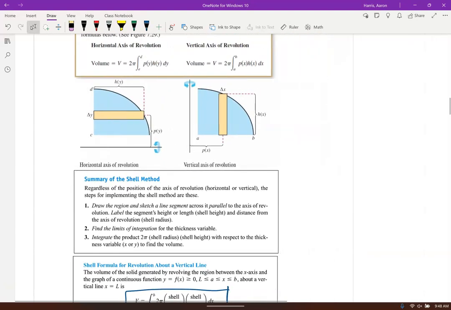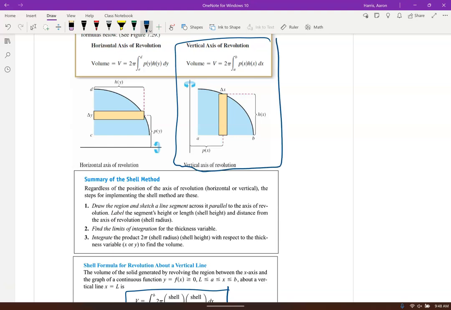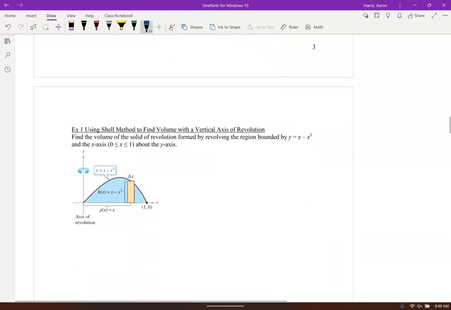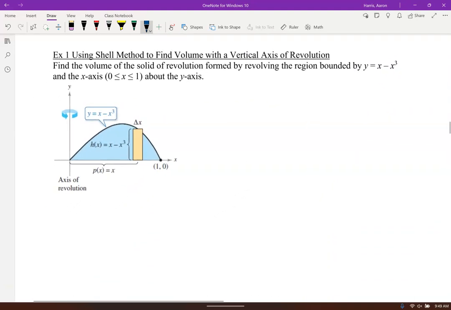All right, so here's the formula that we'll use. We'll do it first with respect to x, so we'll revolve it around a vertical line initially. I'll give you some pictures here. So we'll do this one first, the vertical axis of revolution. Let's see if we can picture this.